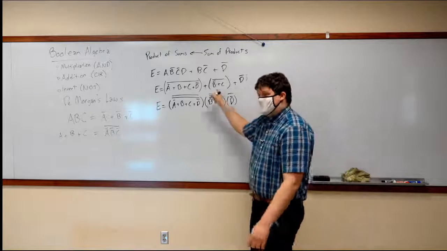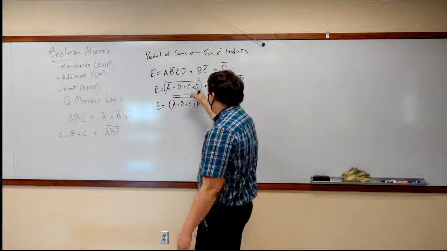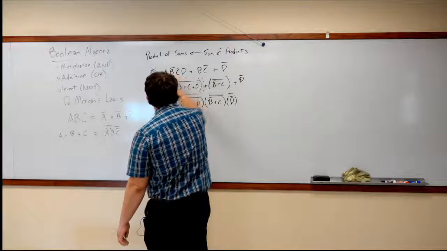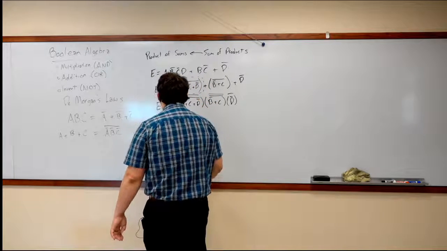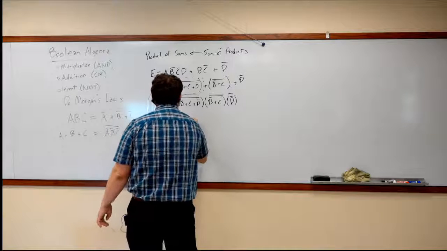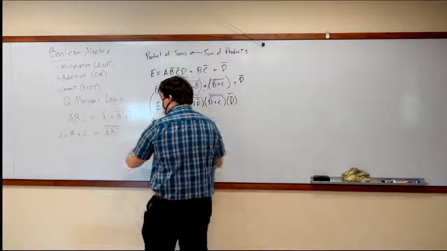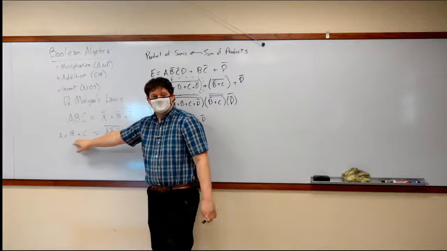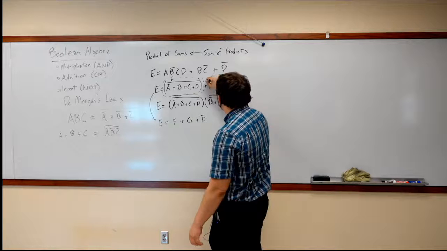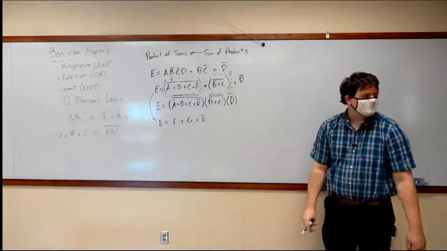So, to recap, this term, we're going to call this term F, which means that if I just rewrite this, E is equal to F plus G plus D naught, which is now in this form, where F is this, this is G, and we have our D naught just hanging out there.